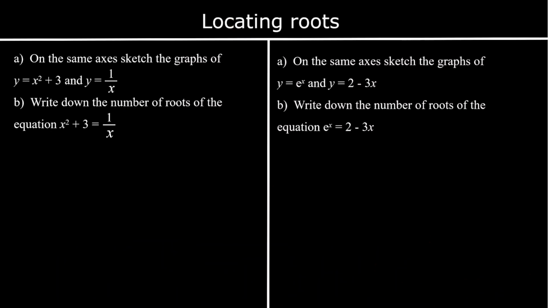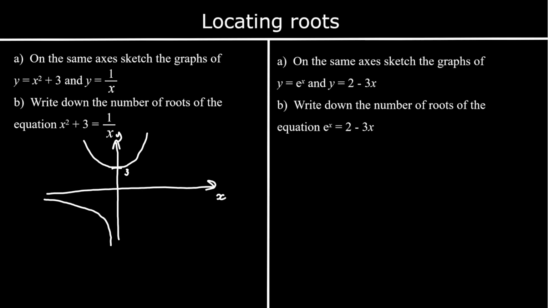A different question. On the same axes, sketch the graphs of x squared plus 3 and 1 over x. So we're going to sketch the graphs. So x squared plus 3 is our x squared graph. Move up 3 spaces. So it's that graph. 1 over x is this shape. So there are graphs.